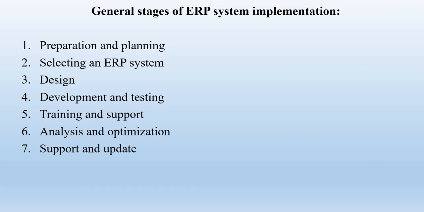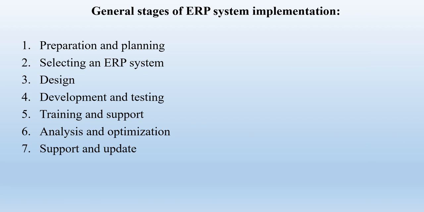The implementation of a new ERP system at an enterprise is a long-term, scrupulous process, the success of which is determined by the correct choice of the ERP system and the organization of the implementation process itself by project management. It requires careful planning, cooperation of all stakeholders, and constant monitoring.